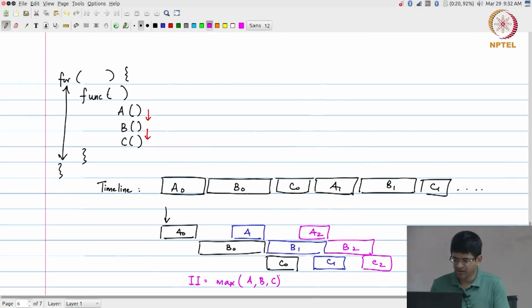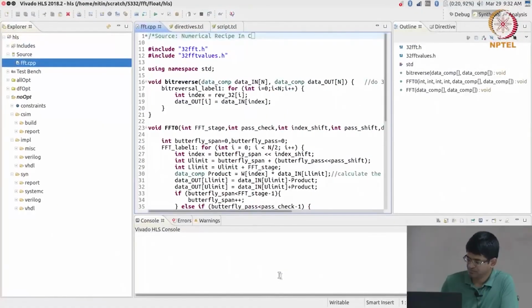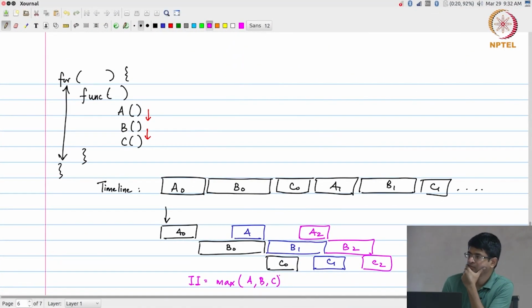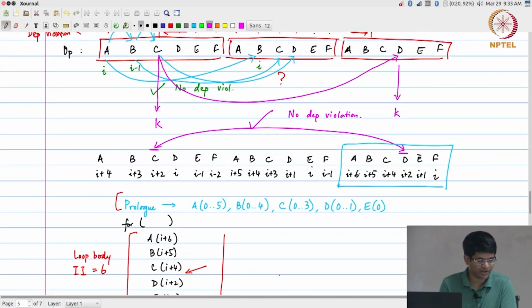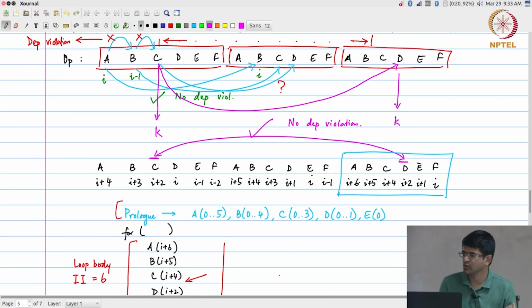Let us see how this would apply in the context of, yeah. Correct. Actually, in this case it does not matter, right, because if you really look at what I did over here, even if C had a latency of 13, this would have worked, right, because all that I care about is the dependency, this magenta line that I have drawn over here, which says that this D and this C are where the dependency is, right.